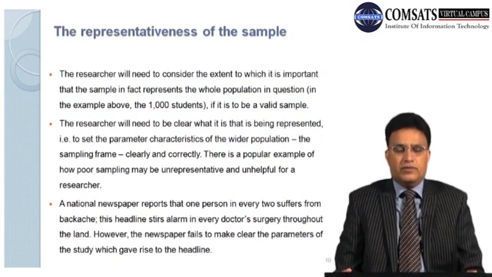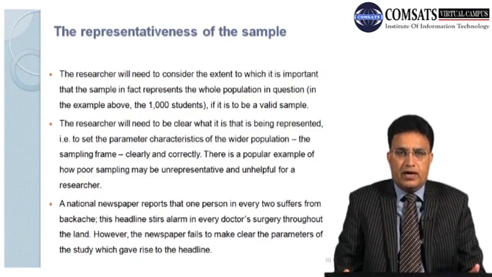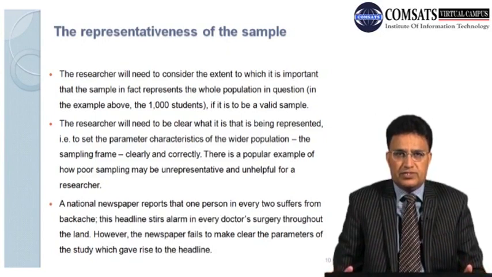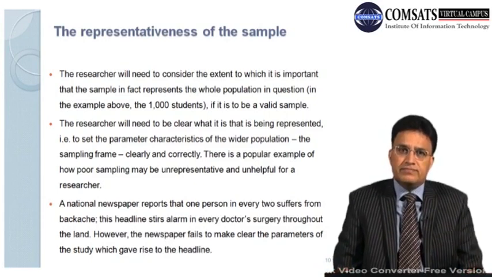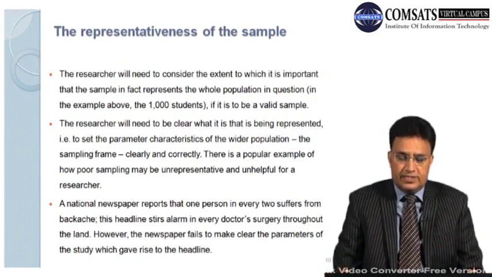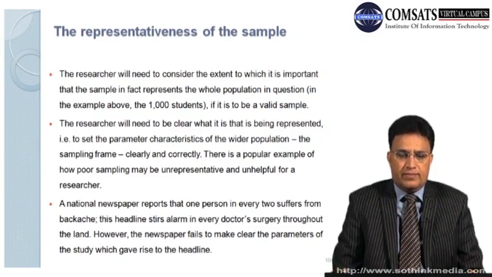Our next topic will be about the representativeness of the sample: how to make your sample representative of the total population. The researcher will need to consider the extent to which it is important that the sample in fact represents the whole population in question.